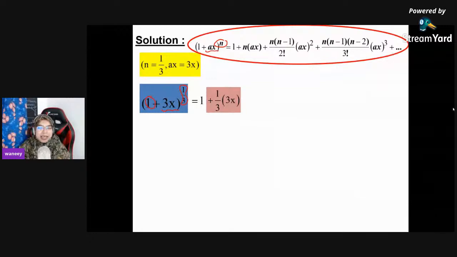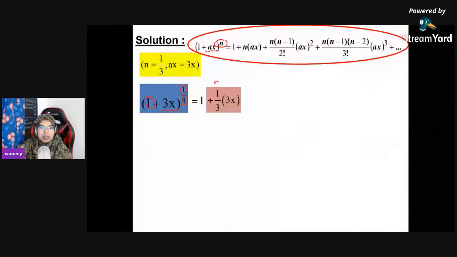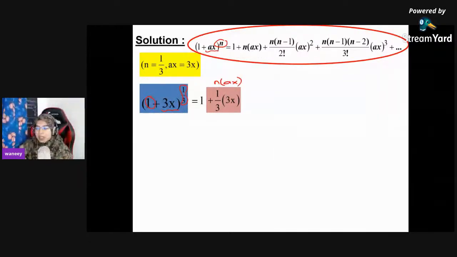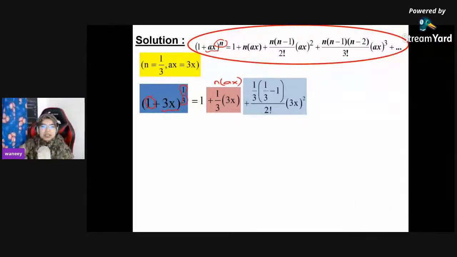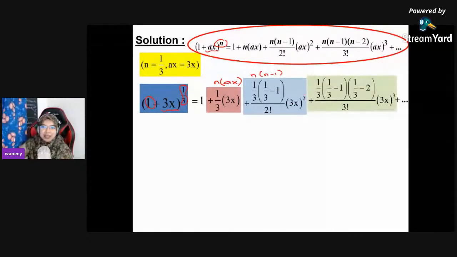1 plus n times ax, so this is n ax, so 1 over 3 times 3x, plus n(n minus 1) over 2 factorial, and then this is (ax) squared, plus n(n minus 1)(n minus 2) over 3 factorial, (3x) cubed, plus dot dot dot.